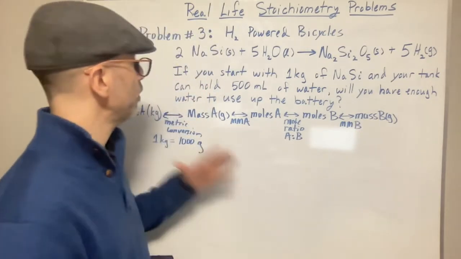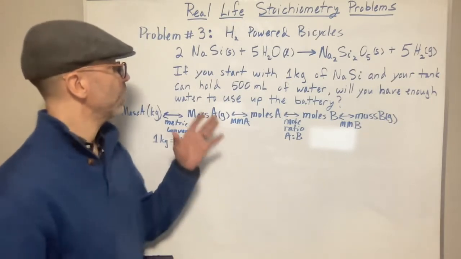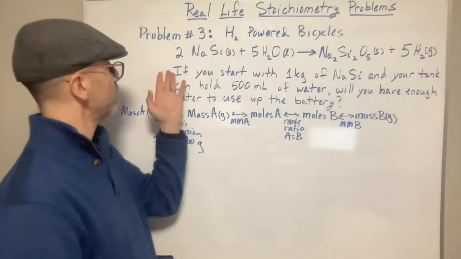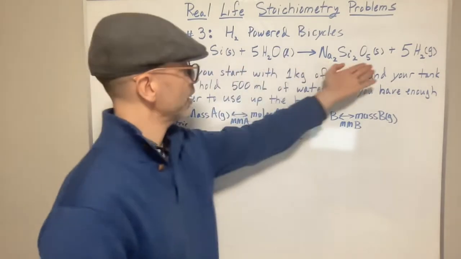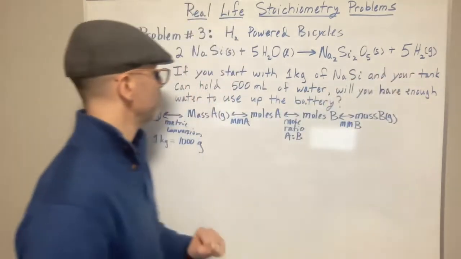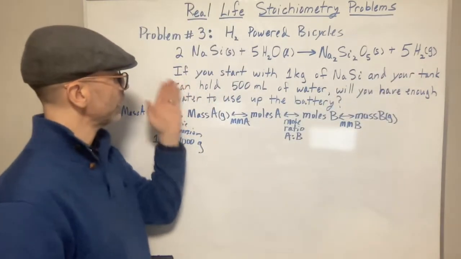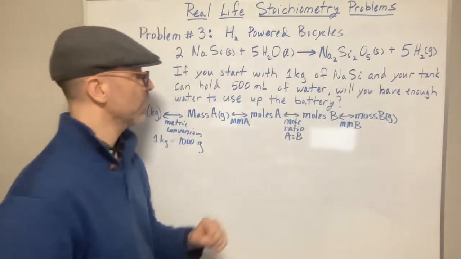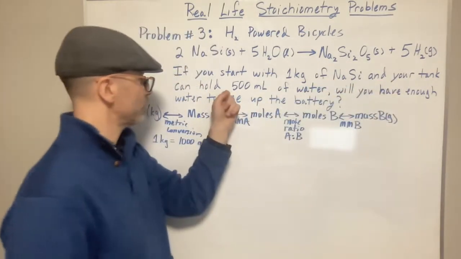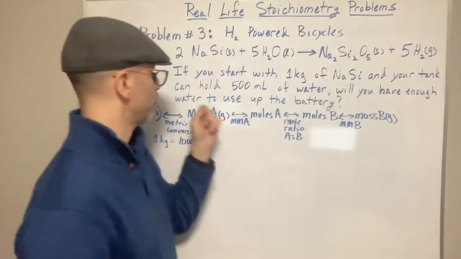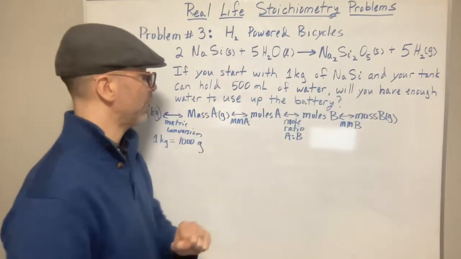So in problem 3 we have these hydrogen powered bicycles, and again we've got the reaction taking place in the battery to produce your hydrogen. They're asking if you start with 1 kilogram of the sodium silicide and your tank has 500 milliliters of water, will you have enough water to use up the battery?